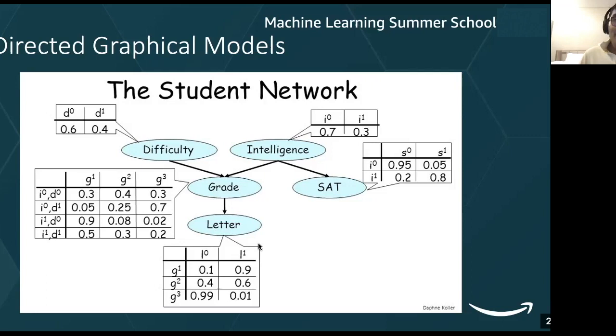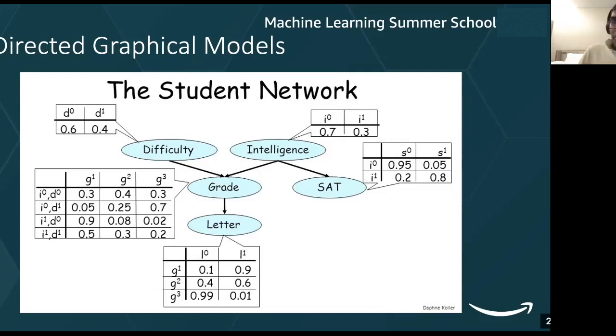Letter here signifies, let's say, a letter of recommendation, and it obviously must depend on grade, because if you get a good grade, then it is very likely that your professor will write you a good letter of recommendation. Finally, SAT is, let's say, a score on an external test like JEE, for instance, and has 2 levels, S0 and S1, with S0 indicating a poor SAT score and S1 indicating a good SAT score. SAT here essentially depends only on the intelligence of the student.